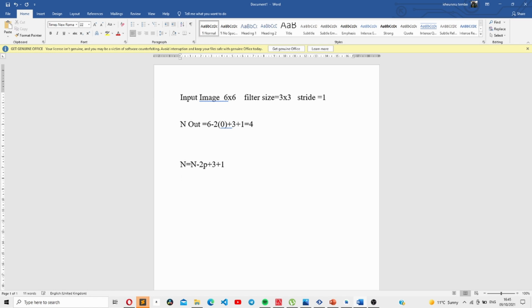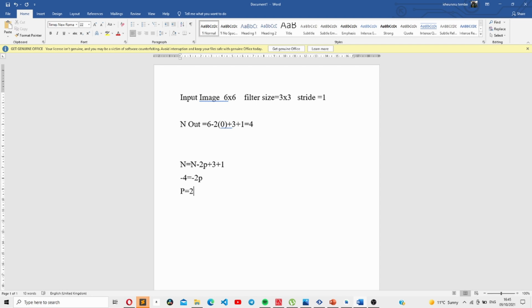If we do that, the n's cancel out, and then we get negative 4 is equal to negative 2p. So now it's telling us that we need a padding of 2, right? So that we can get an output that is the same as the input.